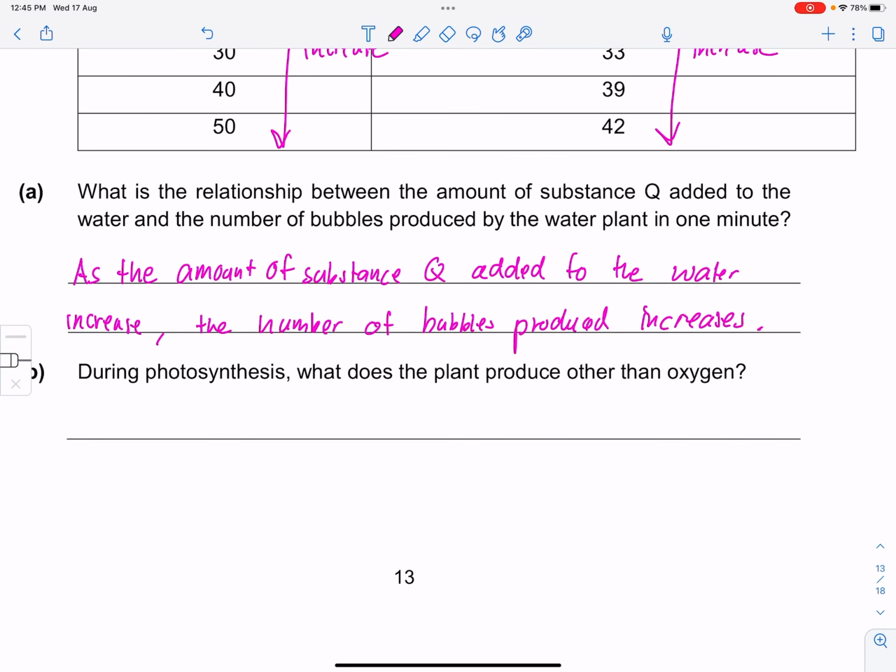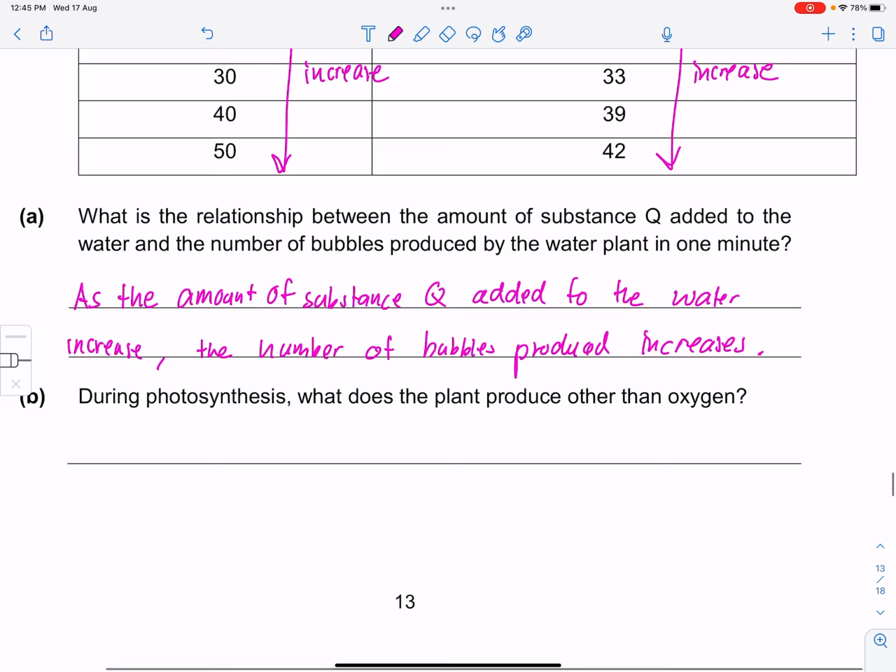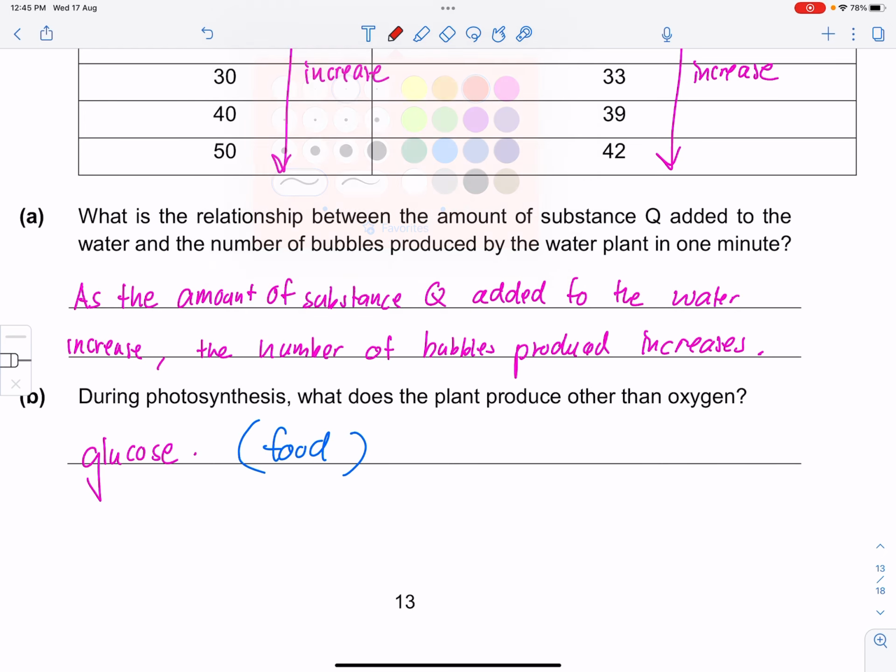Now, during photosynthesis, what does the plant produce other than oxygen? Glucose. Now, I want to stress that food is not good enough. I want you all to step away from answering food. Use the word glucose or sugar. I will accept either one of it, but not food. This will help you distinguish later on when you are doing your respiration.